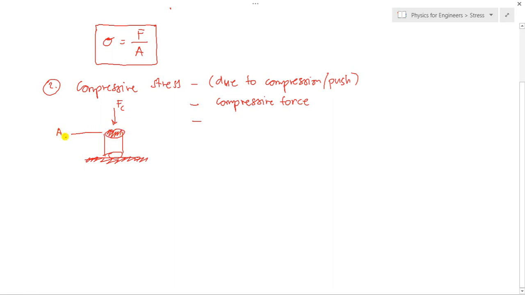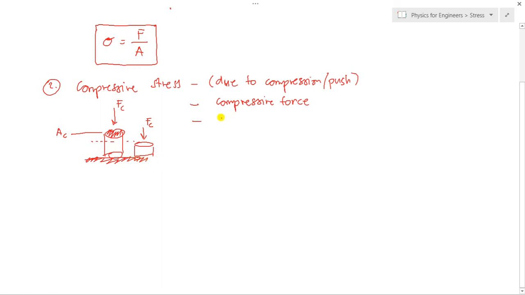And this is the cross-sectional area. For a compressive force, again the same with tensile force, because it is being compressed, the rod over time will become smaller, unlike with tensile where it stretches.